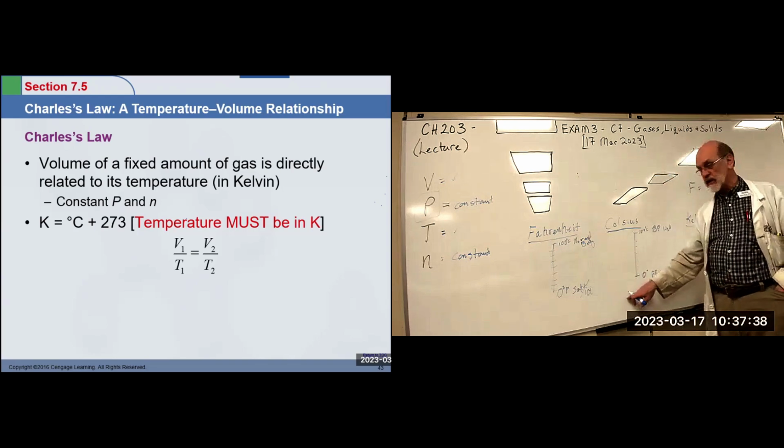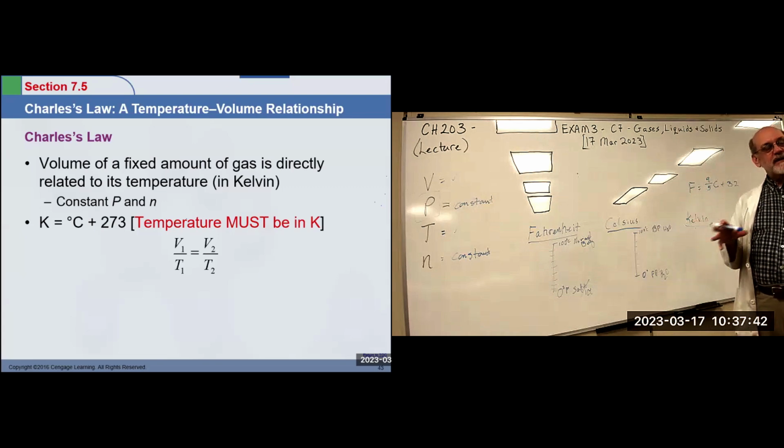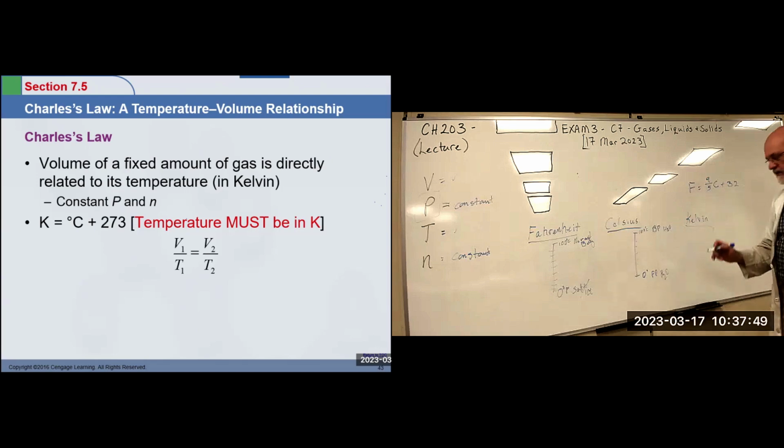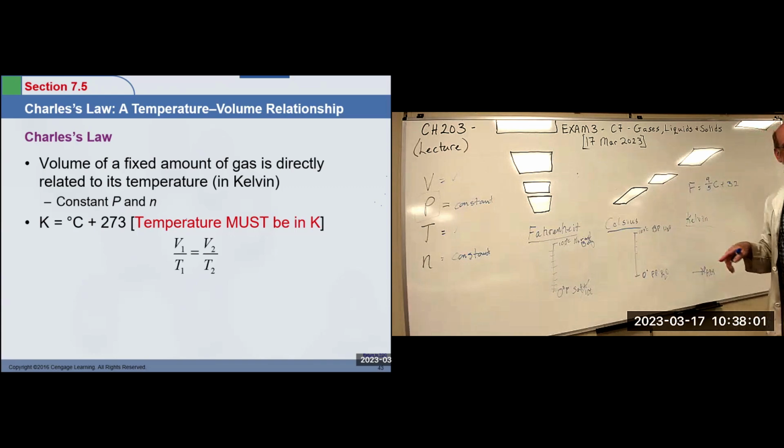You'll go below 0 here, below 0 there. Kelvin wanted all positives. That eliminated the problems with negatives and positives. So he proposed an absolute system where 0 was absolute 0, nothing colder, 0 K. And notice we don't say degrees K, we just say K.